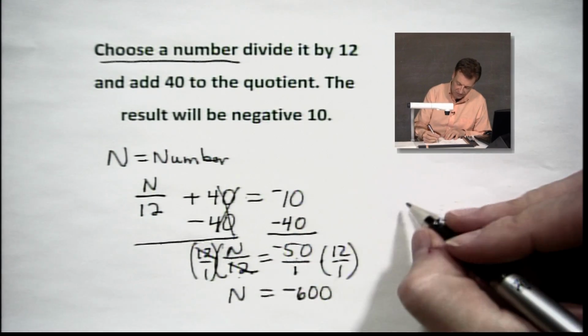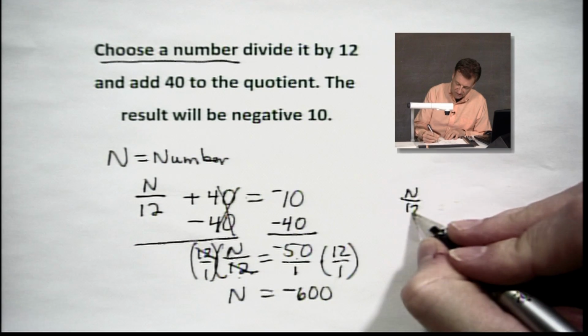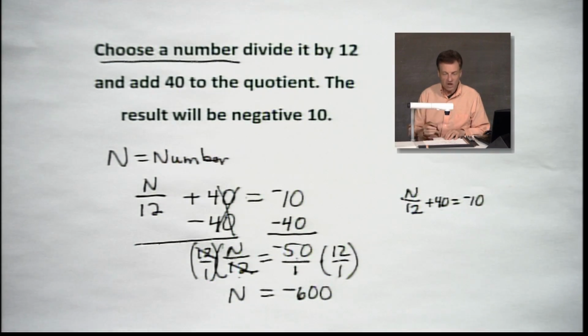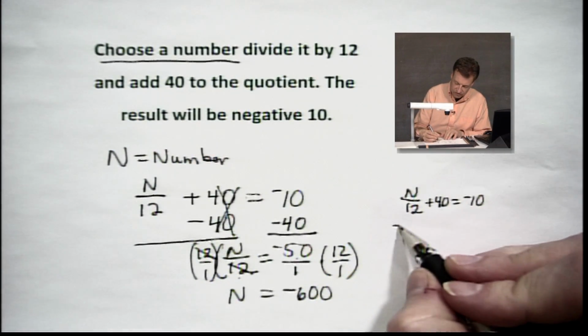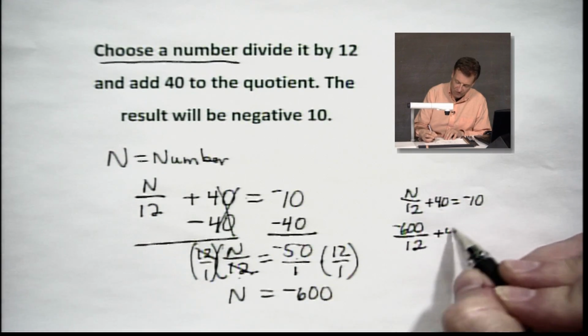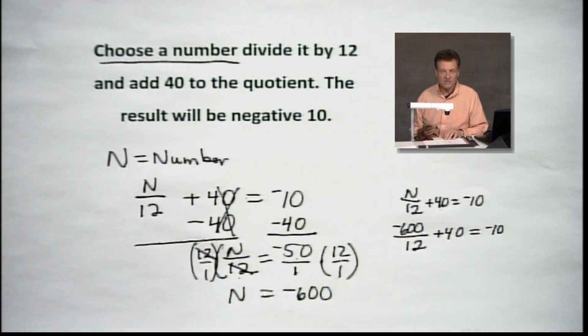See what we've got here. We have an equation that started off with n over 12 plus 40 equal to -10. We're going to replace that n with -600. So we're going to put -600, divide it by 12, add 40, and we're hopefully going to get -10. Will that check out?